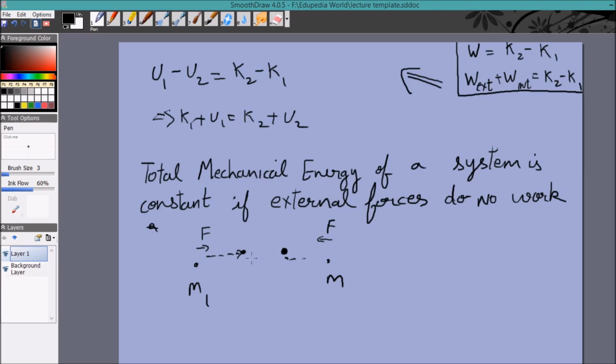But also their kinetic energy will have changed, right? So the kinetic energy will have increased, and since the internal forces would have done positive work, the potential energy would have decreased, right? So if the kinetic energy increases by 10 joules, the potential energy would have to decrease by 10 joules, right? So we haven't really done anything new except some terminology.